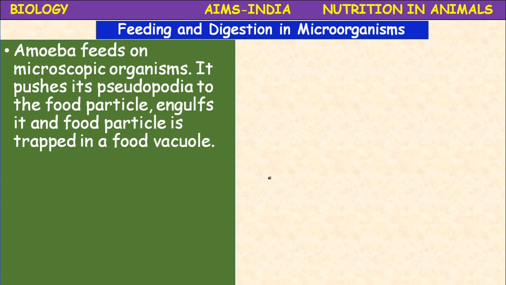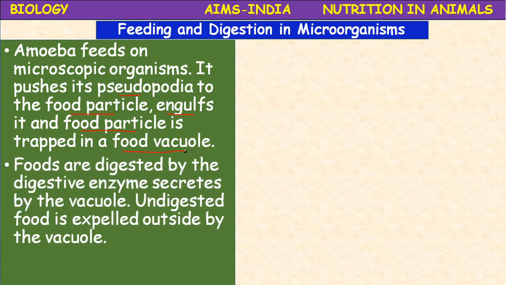It pushes its pseudopodia to the food particle, which we call prey, and engulfs it, and the food particle is trapped in a vacuole called food vacuole. The food is digested by the digestive enzymes secreted in the food vacuole, and the undigested food is expelled out by the vacuole.